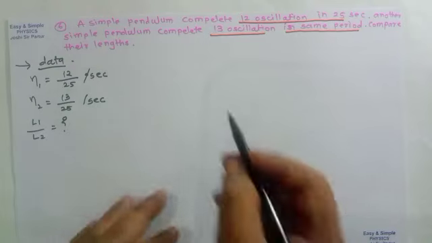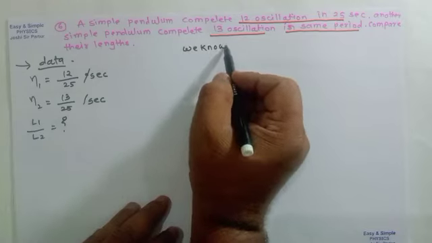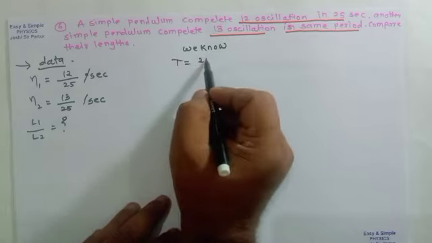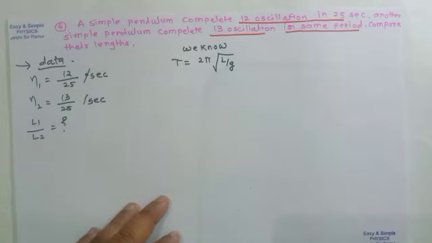First of all, we know that time period is 2 pi square root of L upon g.